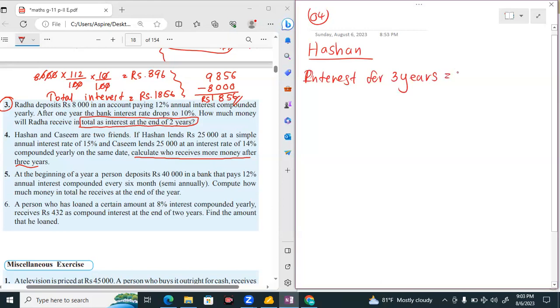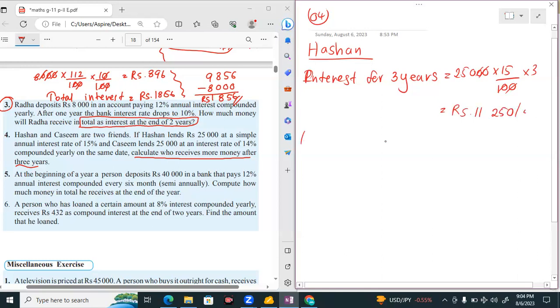It is equal to 25,000 into 15 upon 100 times 3, because we know that the total interest for 3 years is the interest for 1 year multiplied by the number of years. What is it? It is 11,250.